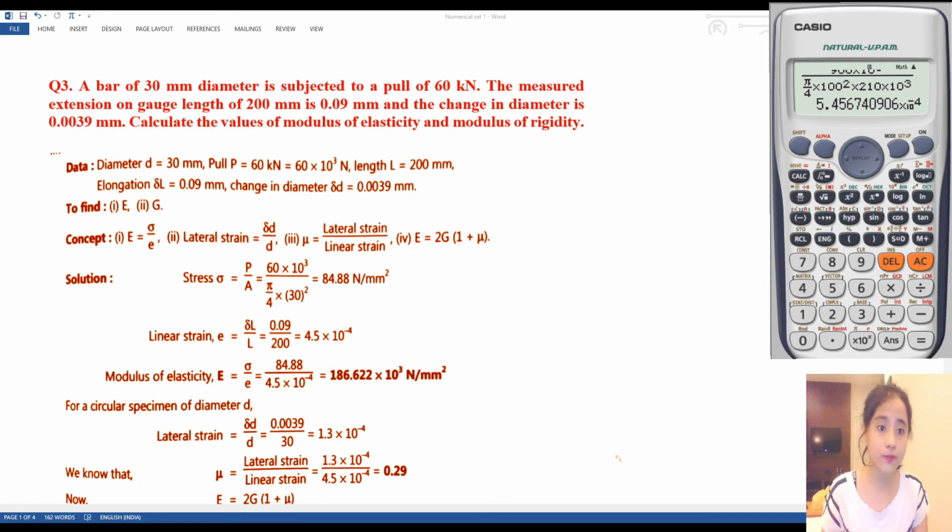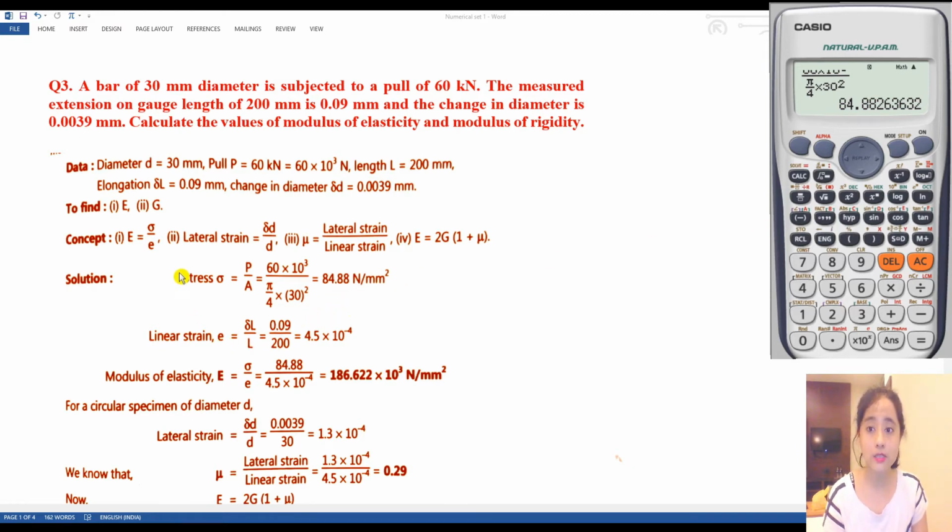So let us first find the stress. 60 into 10 raised to power 3 divided by pi by 4 into its diameter square. So this is coming equal to 84.88 Newton per mm square. So stress is coming 84.88 Newton per mm square.